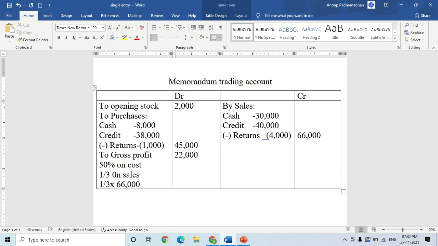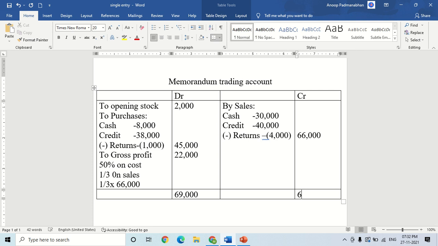Now we will take a total. When we check the figures, your debit side will be more than your credit side. The total you will be getting is 69,000. So you will write the total. The debit side is more, of course.